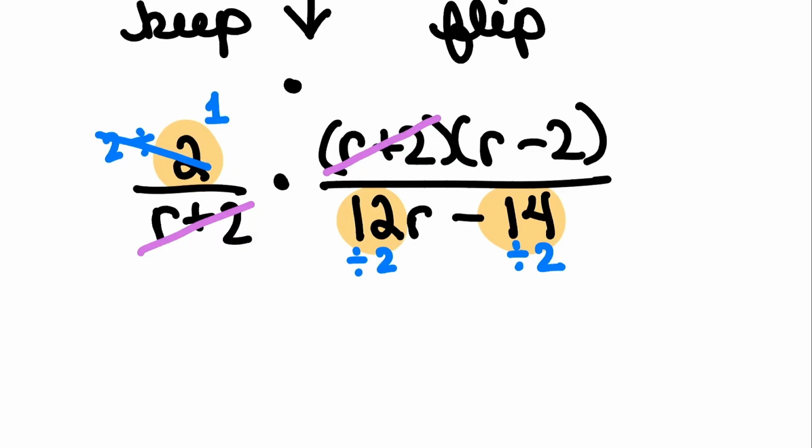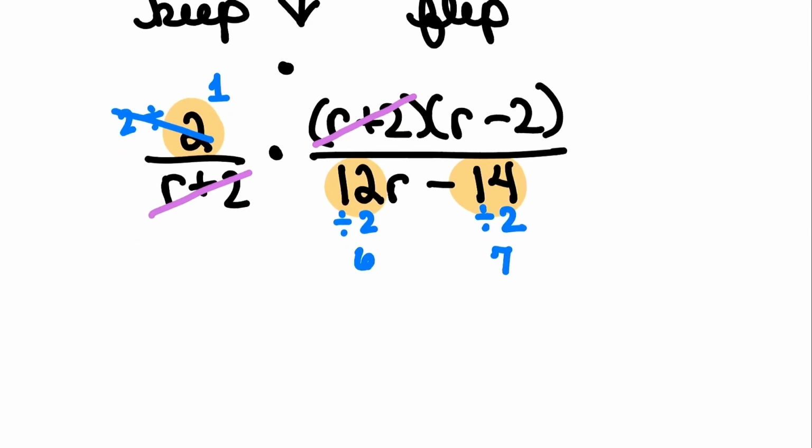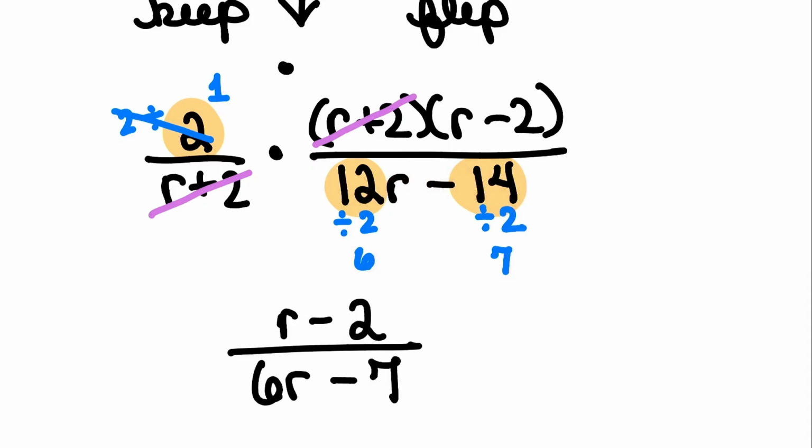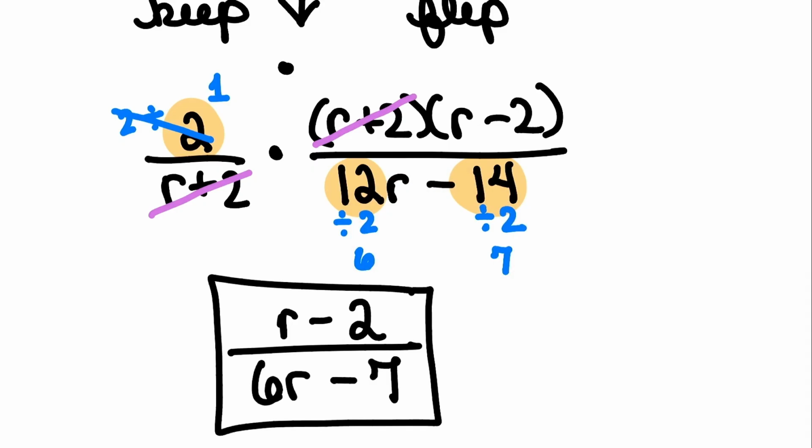It's going to make this a 6r, and it's going to be a 7 here. So in our numerator, we're going to have 1 times r minus 2, and in our denominator, we're going to have 6r minus 7. And that is our final answer.